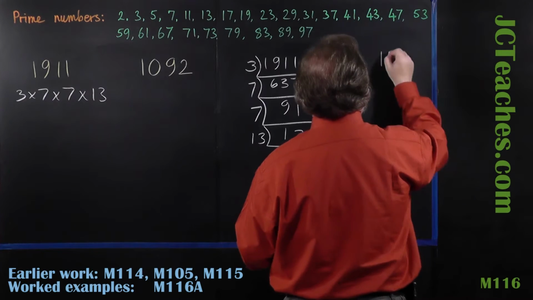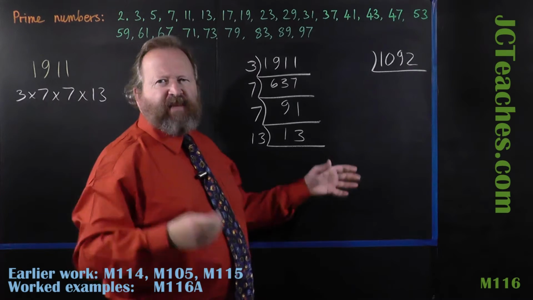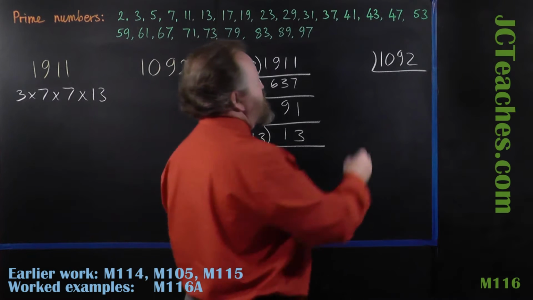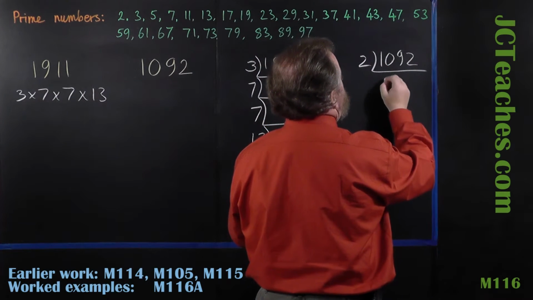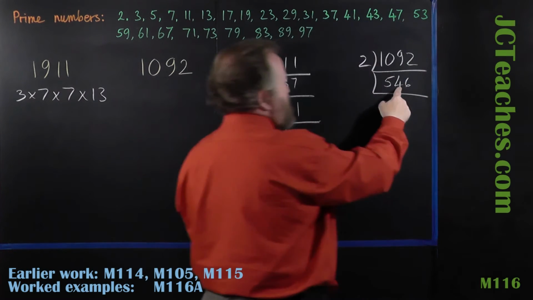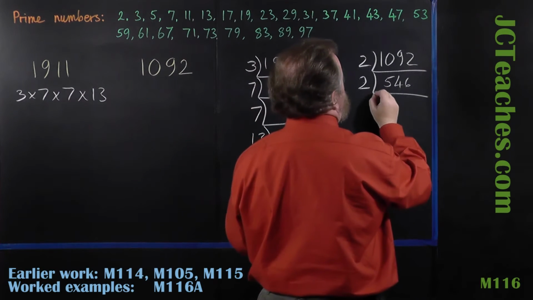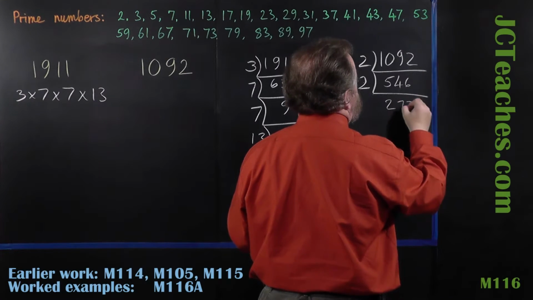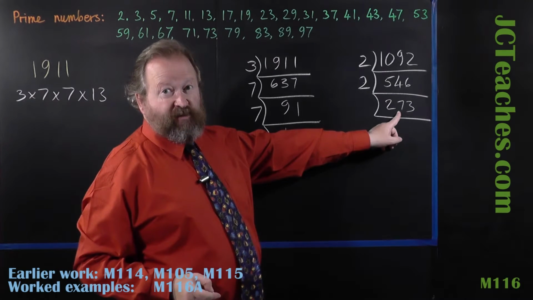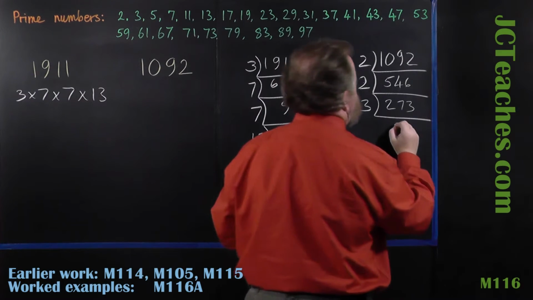1092. Sorry, I seem to spend most of this video with my back to you. I apologise for that. 1092. That is divisible by 2. So 2 into there gives me 546. 2 also goes into that one, which is 273. 3 goes into 273, and it goes in, I believe, 3 9 27, that's 91 times.